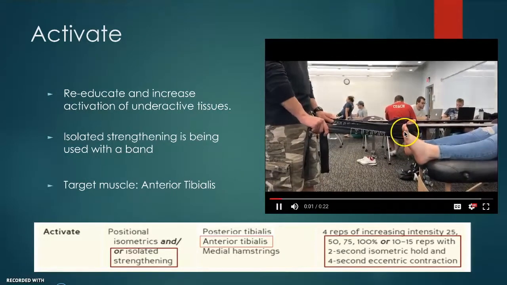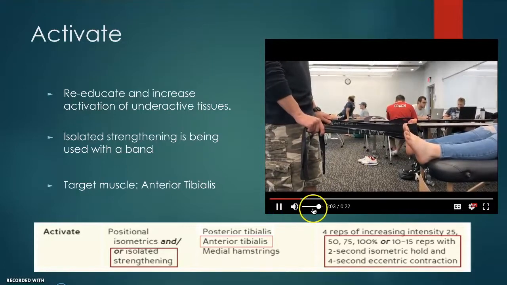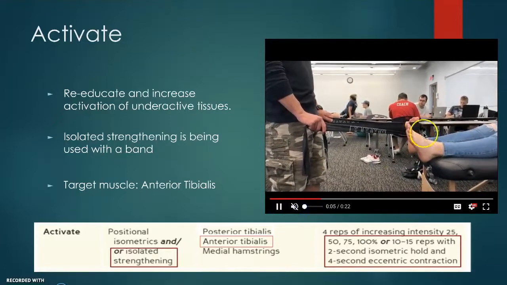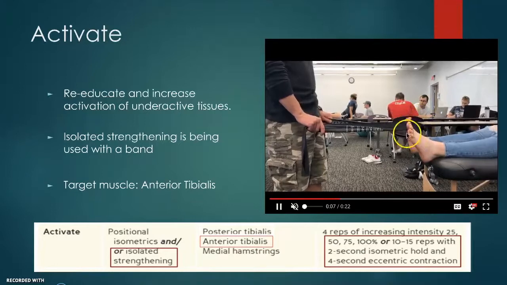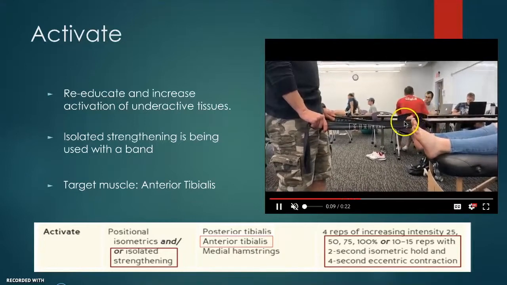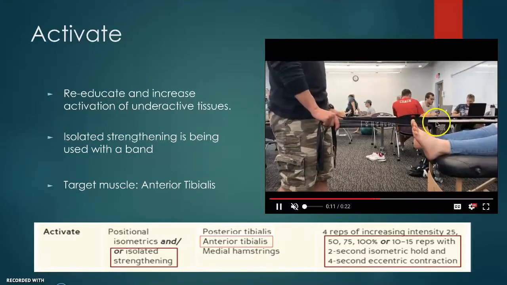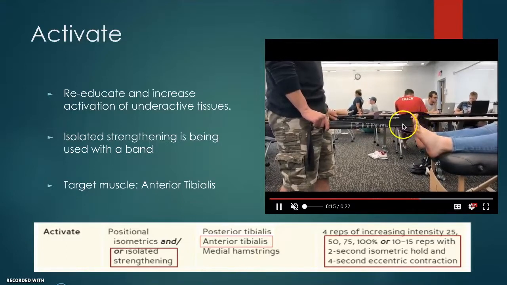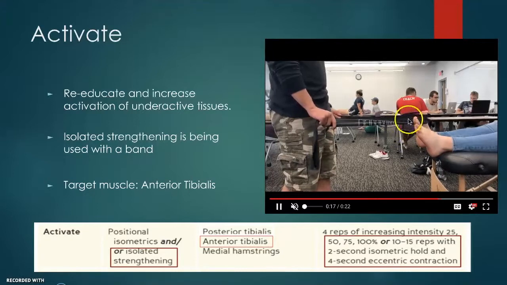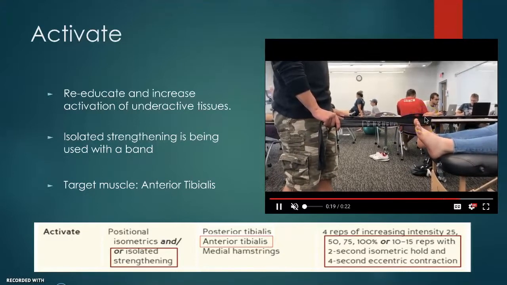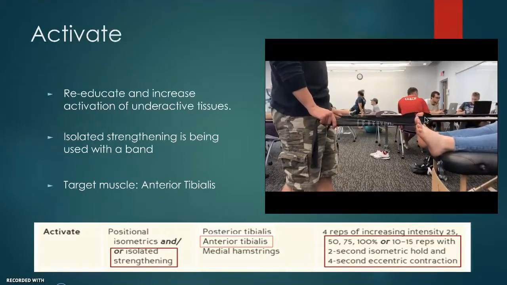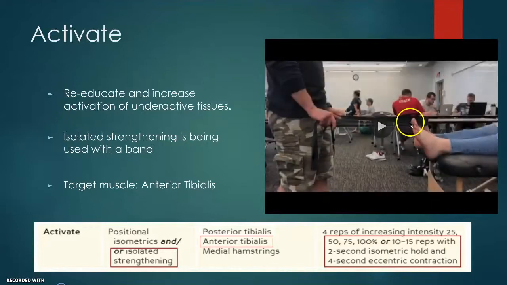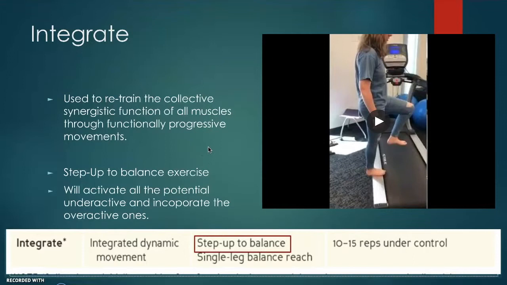And as we can see here, the subject will be holding it for 2 seconds and doing a 4-second eccentric contraction down, back up again, 2-second isometric hold, 4-second eccentric contraction down, and doing 10 repetitions of that is our goal here. And once she gets through that, that'll be the end of our activation phase.